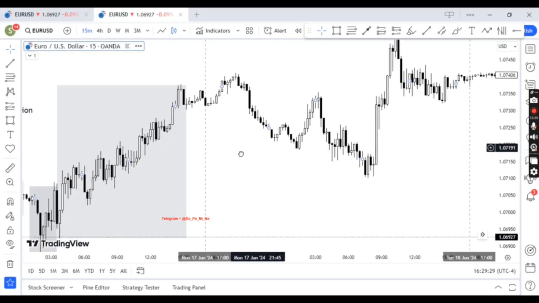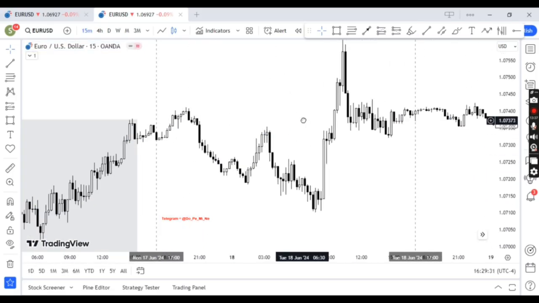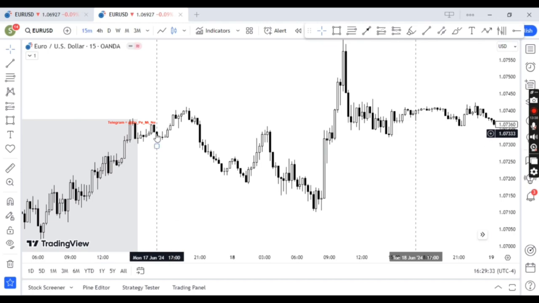Then again you can see right here, after this opening time and from right here we had what? We had a ranging profile, right? And then after a ranging profile we had a small manipulation profile which ended right here after price from this CSD and from this order block.